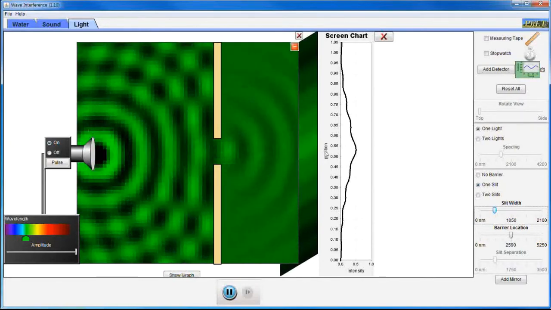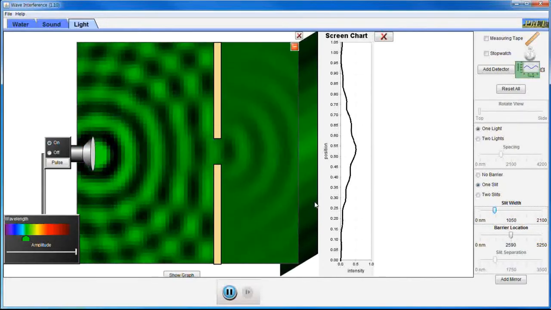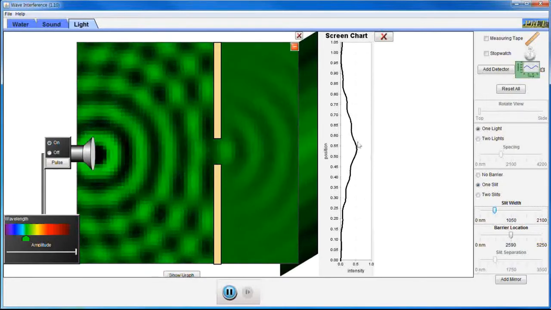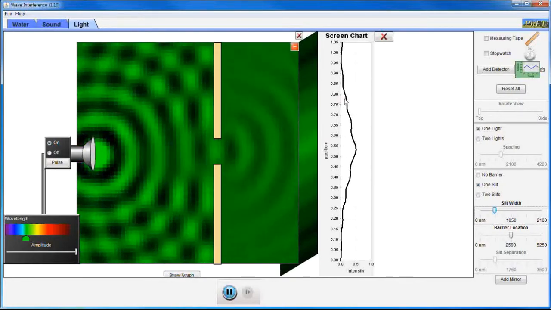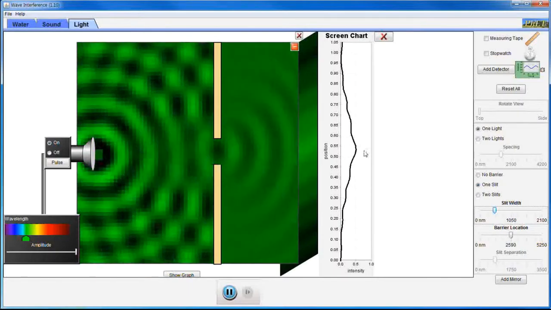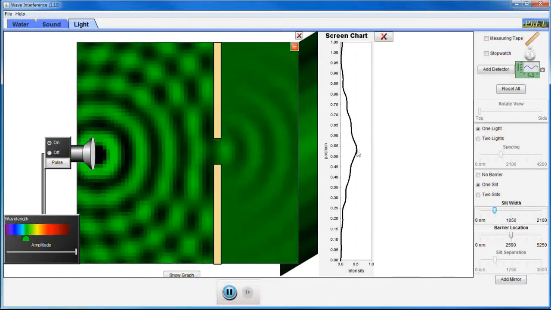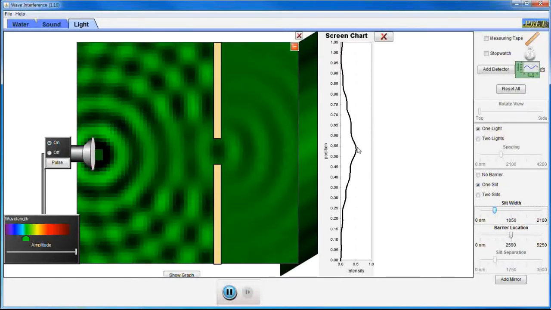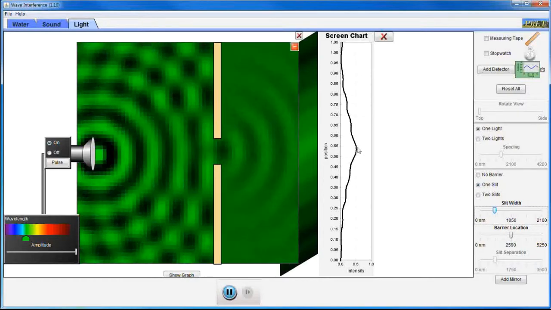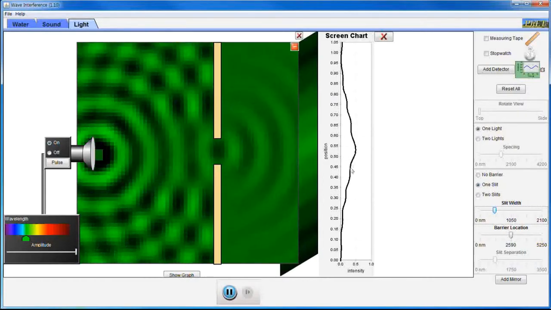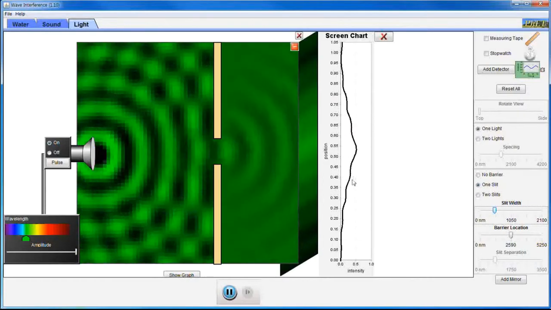And as you can see, now the pattern on the screen and also the pattern on the graph look different. Of course, the central part is the brightest, but it is now not going down smoothly. There is a small dip, then it goes up a little bit, then dips again and goes up.